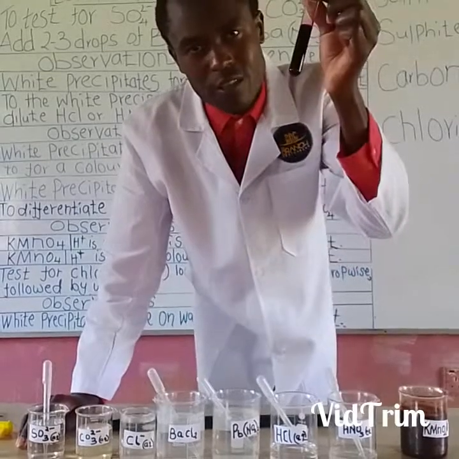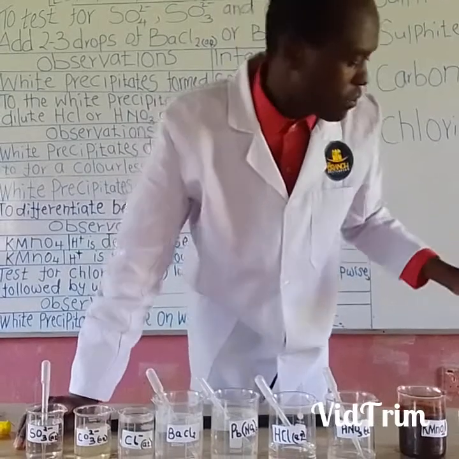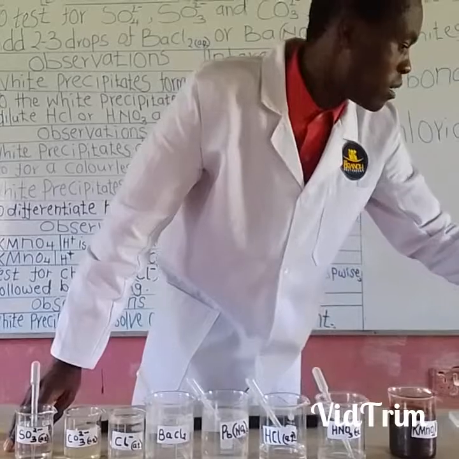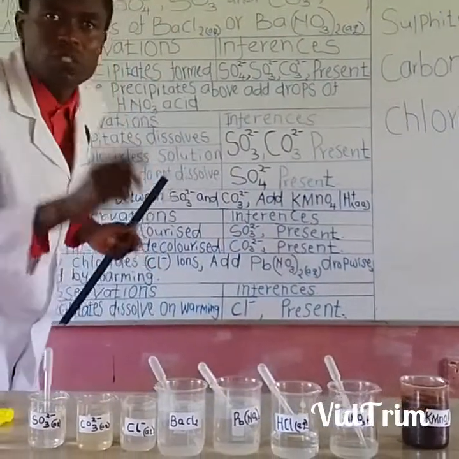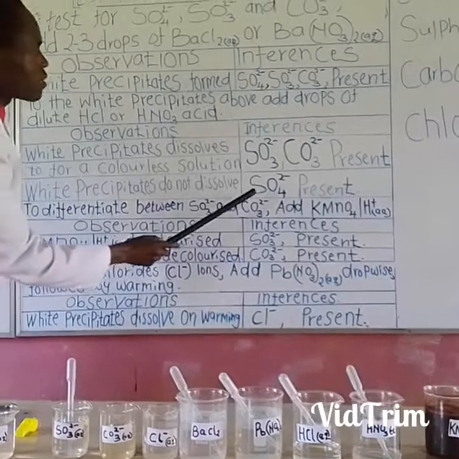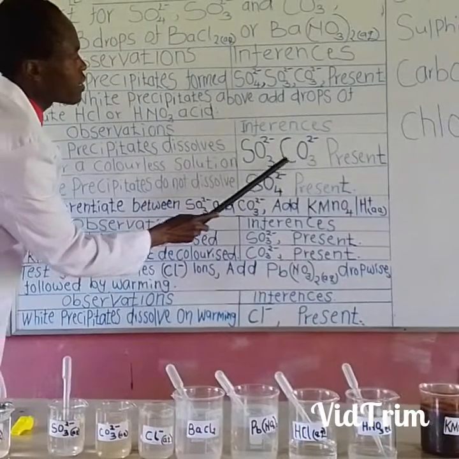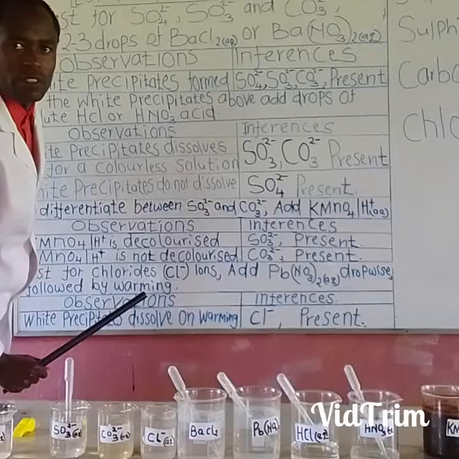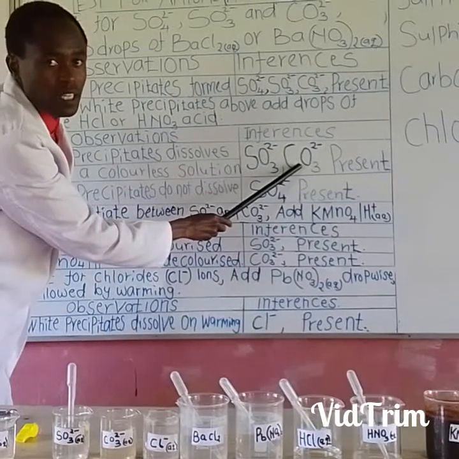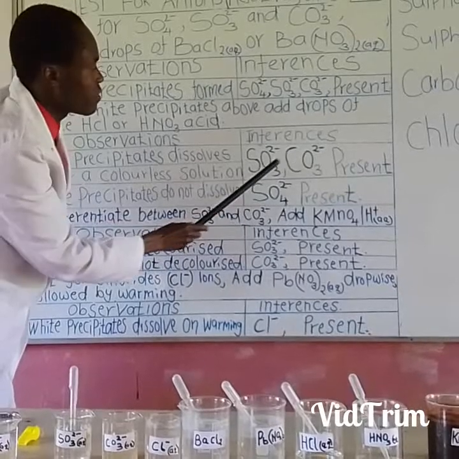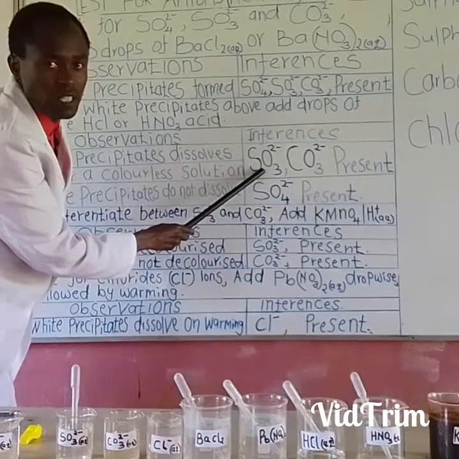Is it okay? You have seen. And that is how we normally distinguish between the sulfite and the carbonate ions. Carbonate ions do not decolorize acidified potassium permanganate(VII), while the sulfite ions decolorize.